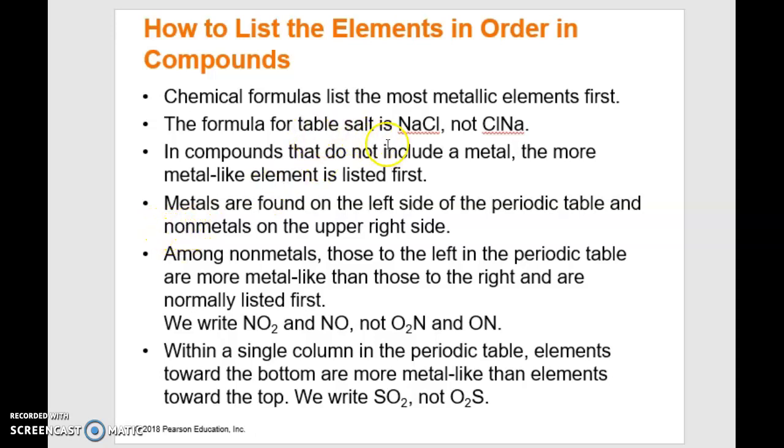Notice here for NaCl, we'll always say Na and then Cl, not ClNa. This is because sodium is the metal and chlorine is the nonmetal. When you look at nitrogen dioxide, even though these are both nonmetals, nitrogen is a little more to the left, so we're going to put the nitrogen first and then the oxygen.